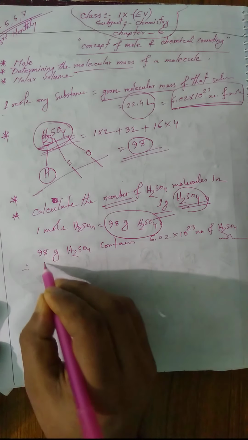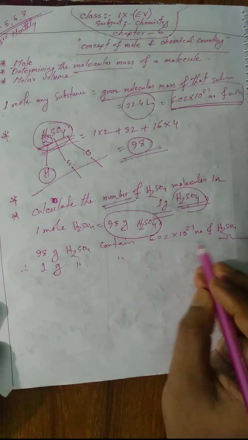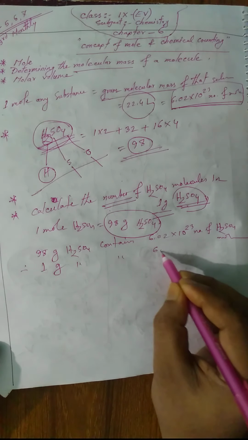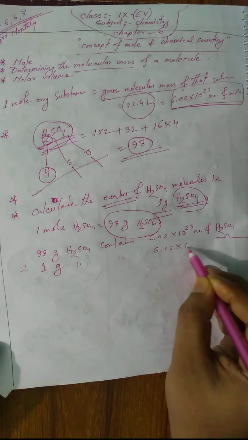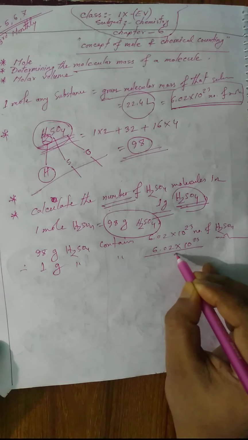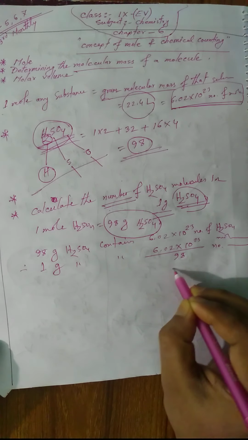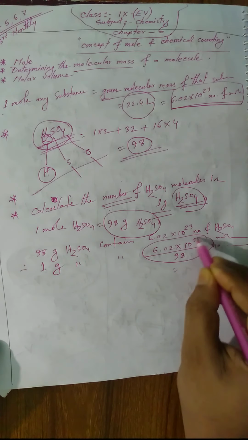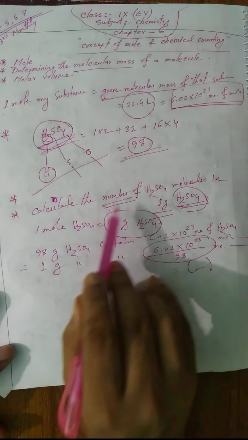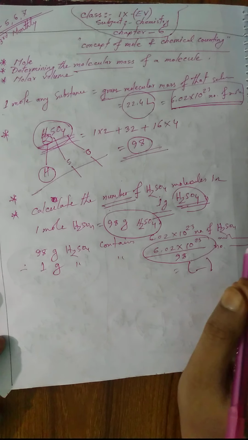So 1 gram H2SO4 contains 6.02 into 10 to the power 23 divided by 98 number of H2SO4 molecules. This result will be the number of H2SO4 molecules in 1 gram H2SO4.